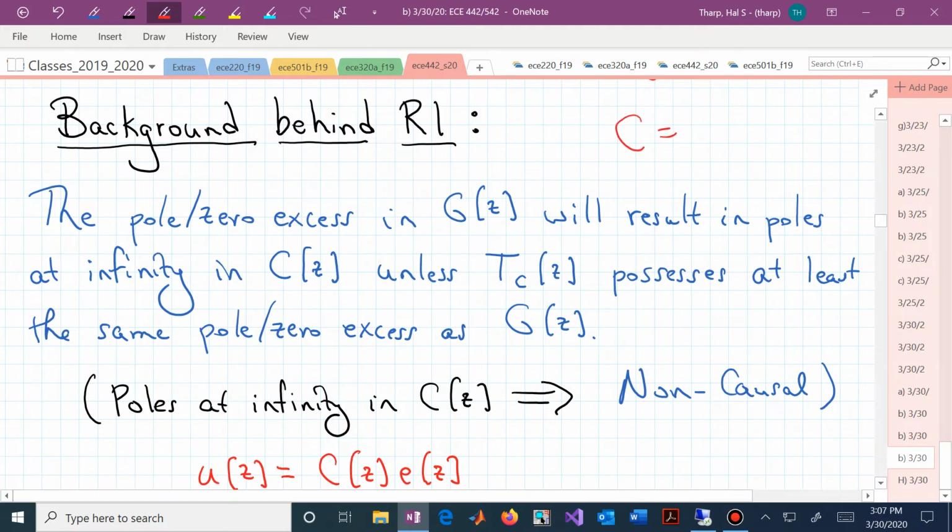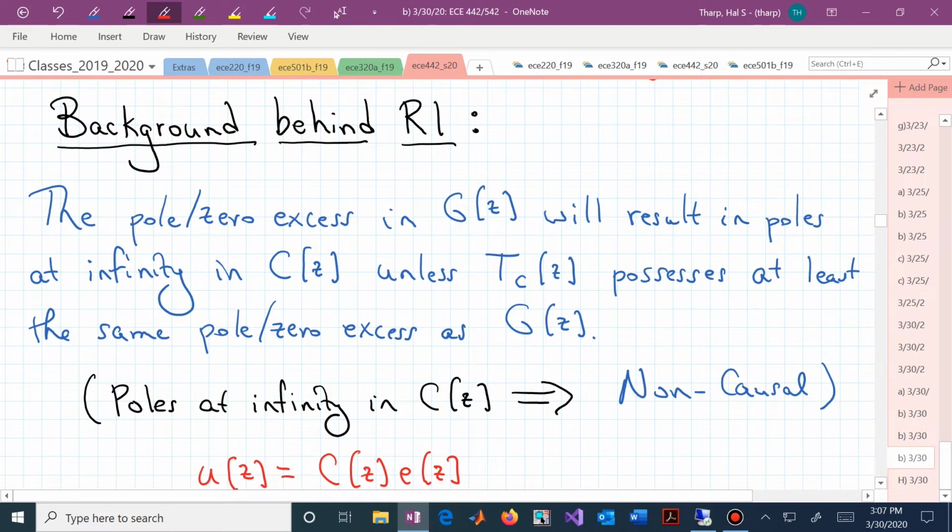C of z had in it this inversion of G. And if we had a pole zero excess of 2 in G of z, then those two poles will flip up and become part of the numerator of your controller, and now your numerator polynomial is of higher order than your denominator polynomial in the controller, and that will give you poles at infinity.